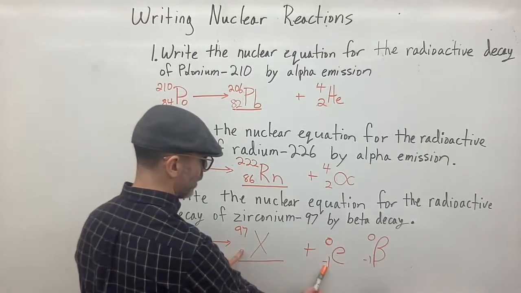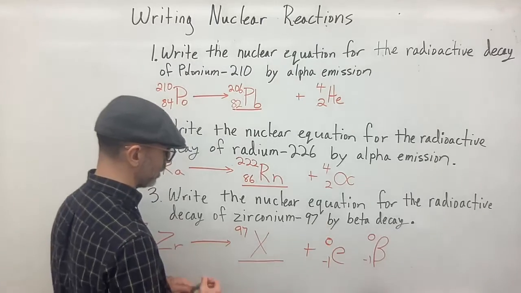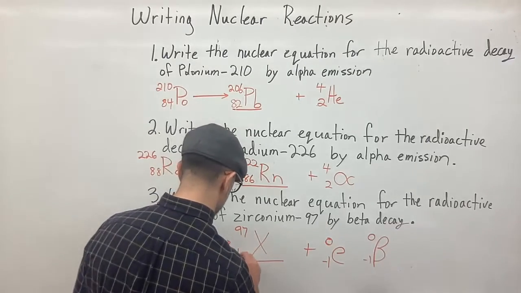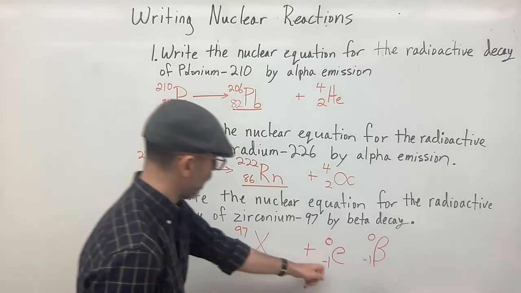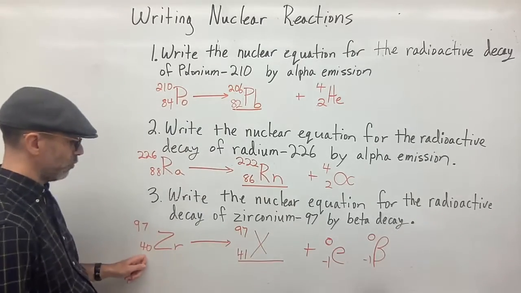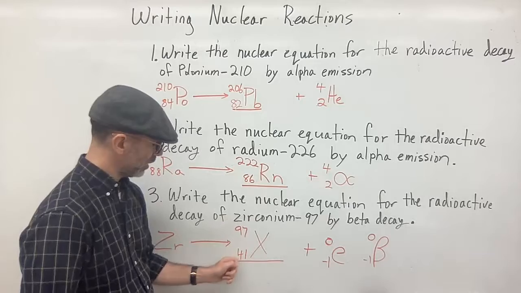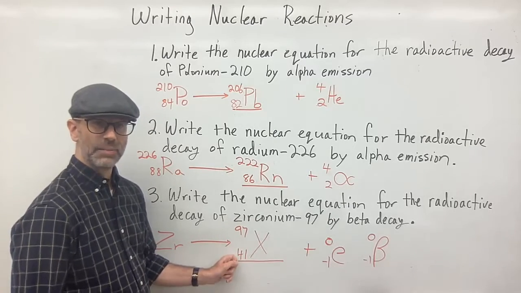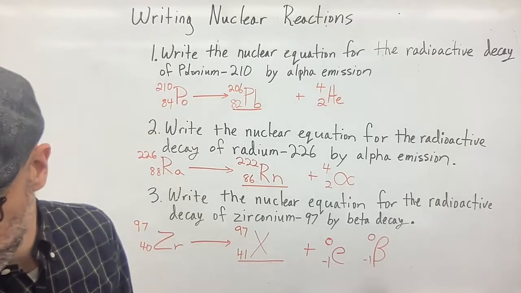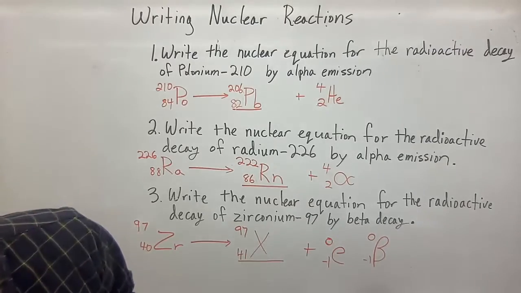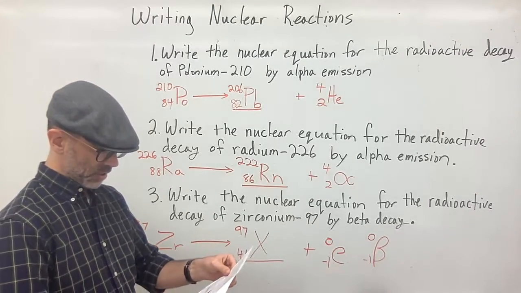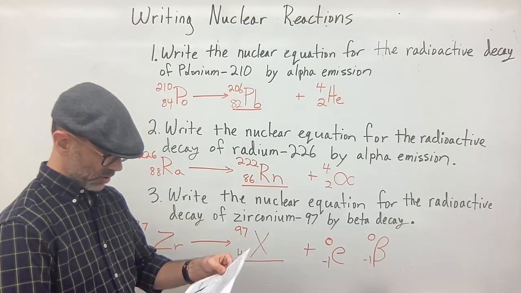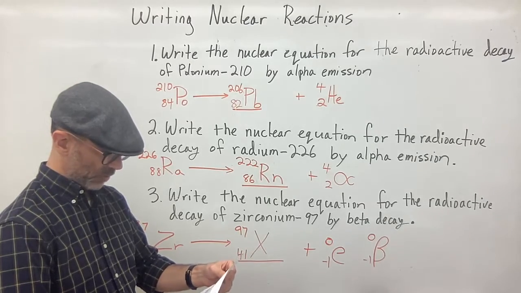So what minus 1 gives us 40? Well, that's going to be 41. So 41 minus 1 gives us 40. So here's our element. 41 is the atomic number. So we look up 41 on the periodic table. And there we have niobium.